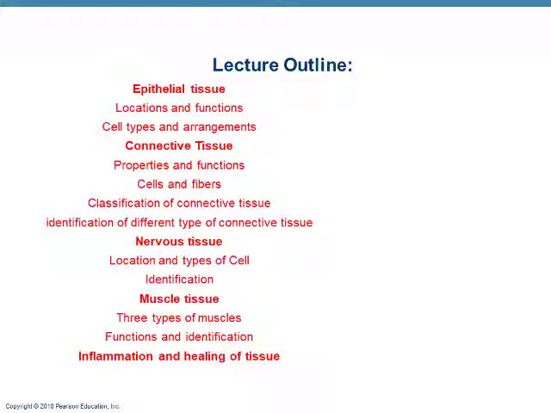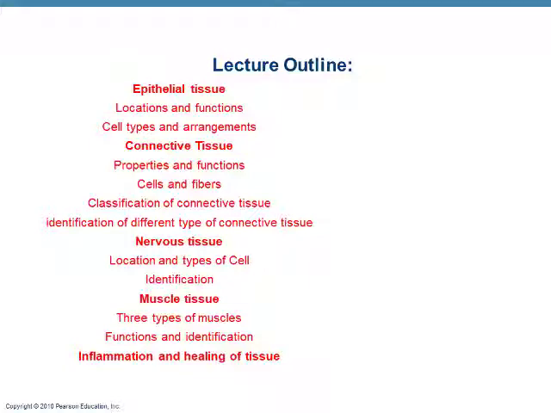4 types of tissue form the human body. So we'll see what are those different types of tissues from the structures of the body.